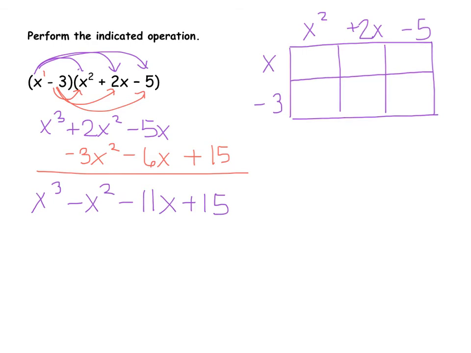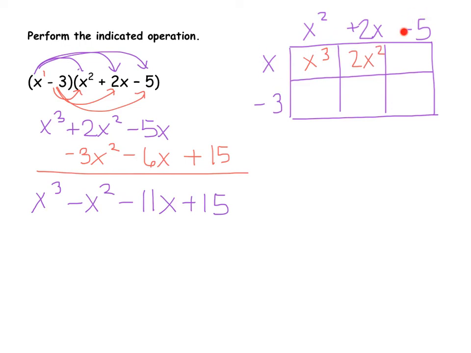Remember how it works, that whatever's on the edge of the box, we multiply together and then write the answer in the box. So x times x squared we have x to the third. X times 2x, we'll have 2x squared.